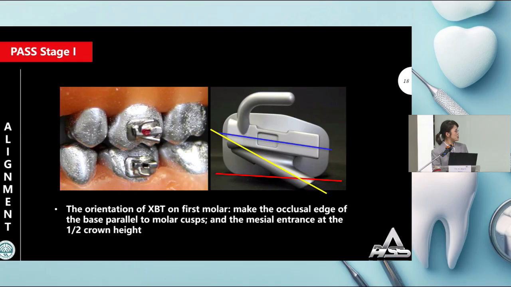The orientation of the XBT on the first molar makes the occlusal edge of the base parallel to the molar cusps, as visually enhanced at the crown height. This line, the base, is parallel to the molar cusps.